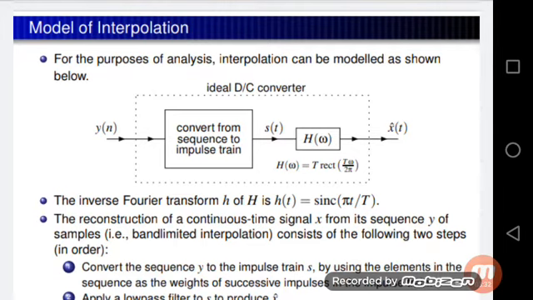That means the overall concept of interpolation is to exchange the data from one form to another form.